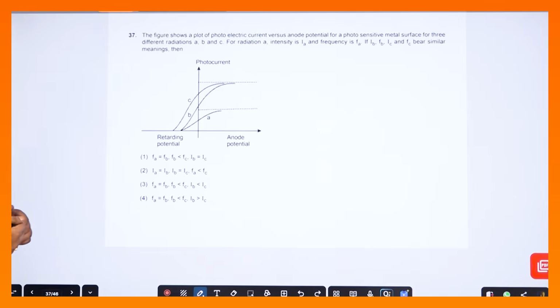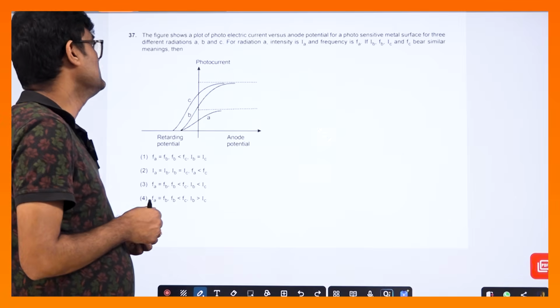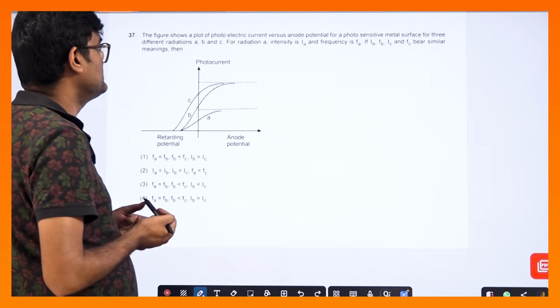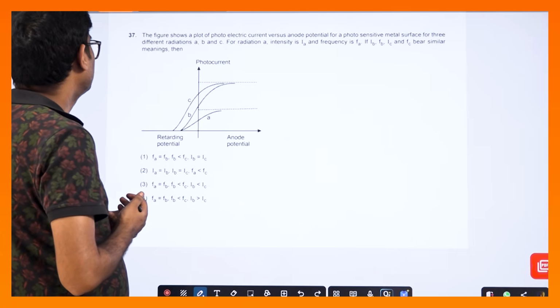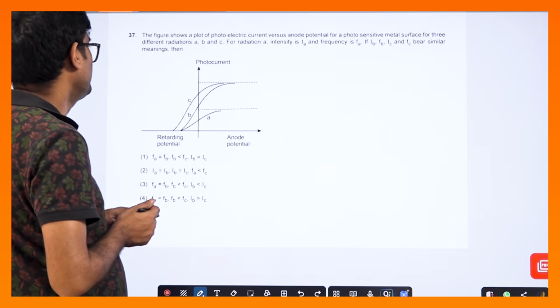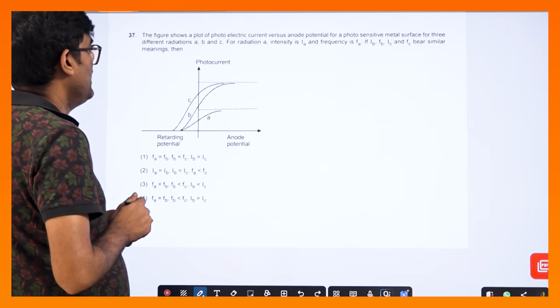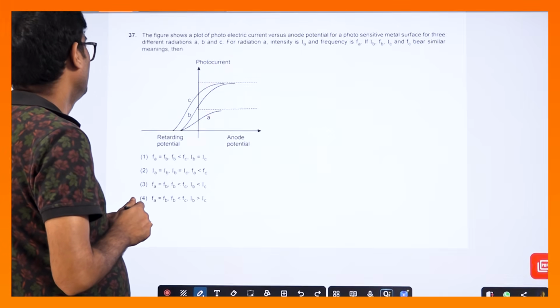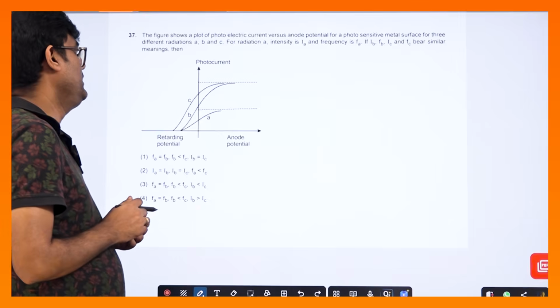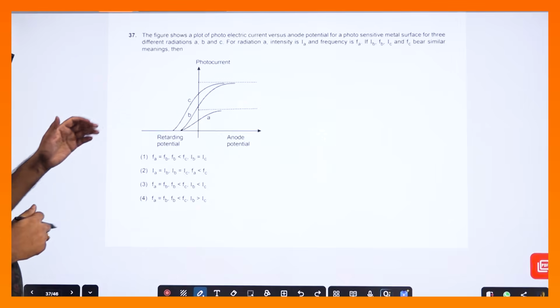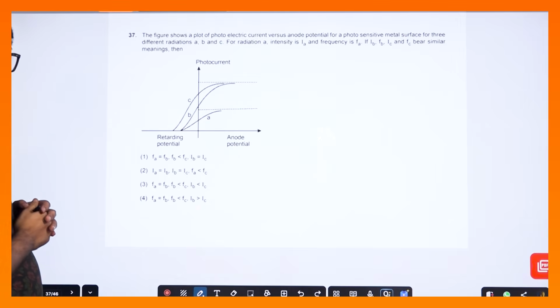Figure shows a plot of photoelectric current versus anode potential for a photosensitive material for 3 different radiations. For radiation A, intensity is IA and frequency is FA. Similarly IB, FB, IC, FC. What can we conclude from this?